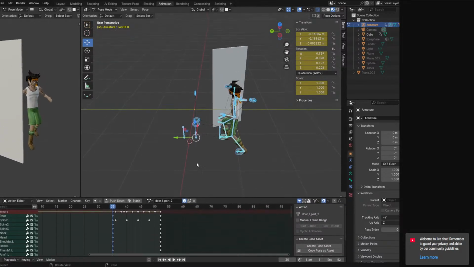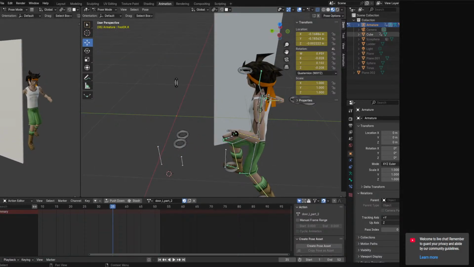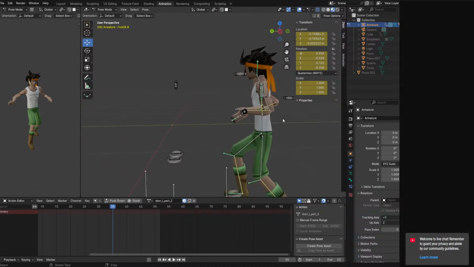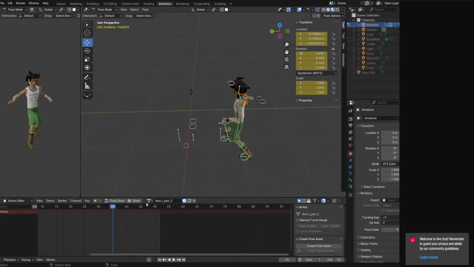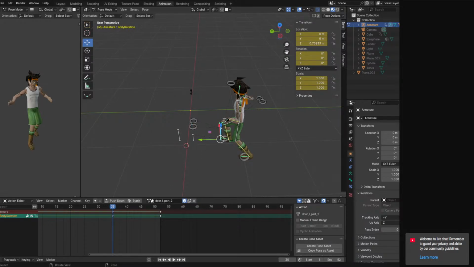Let's make another change. So we don't need this fake door anymore. What I'm going to do now is I'm going to... What is this? Not important.